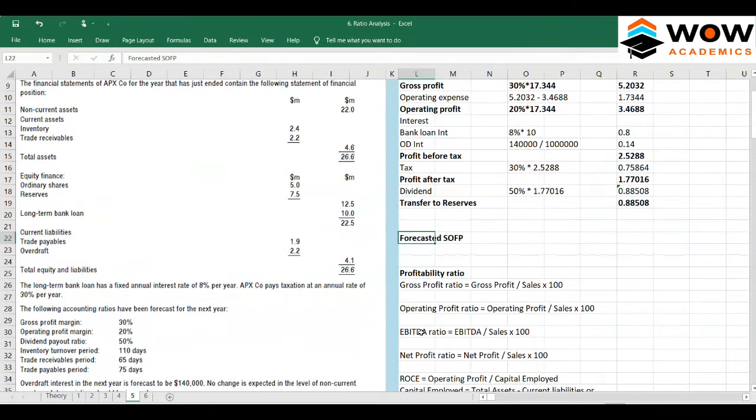So forecast and SOFP. We can start from the capital, and we can start from non-current assets. Or better, we'll start from the asset side.